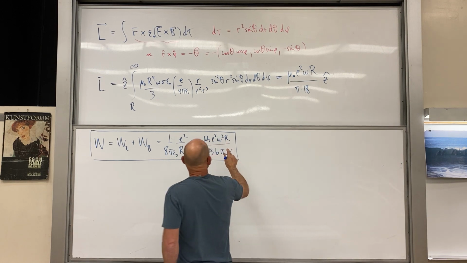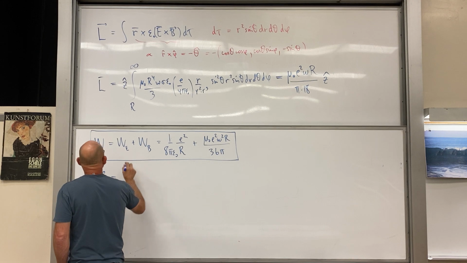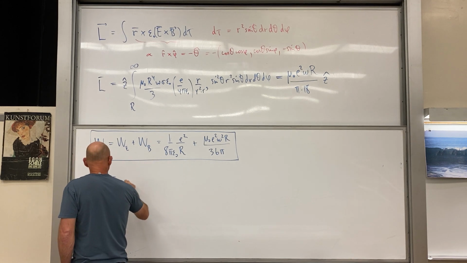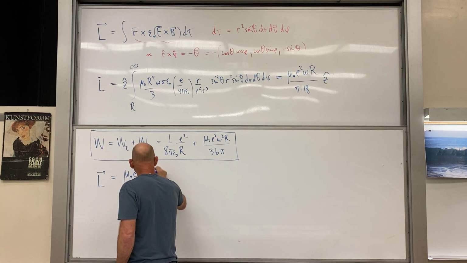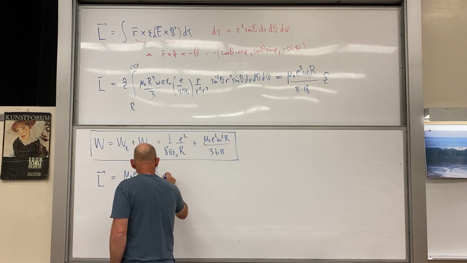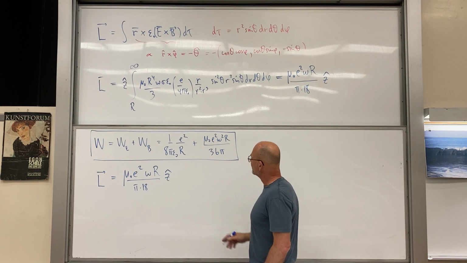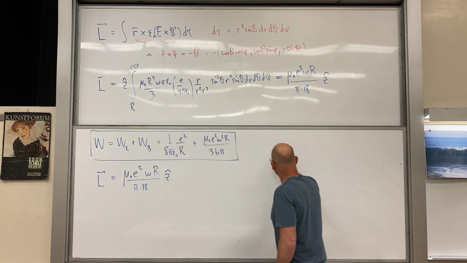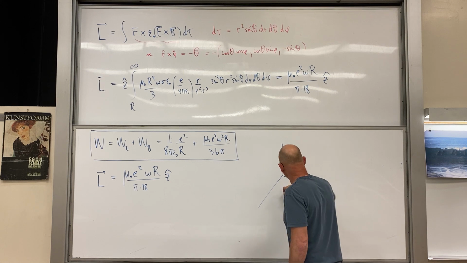Okay, so there's the energy. Let's go ahead and put the angular momentum here in the field once again. Mu naught e squared omega R over pi times 18, z hat. There's a scalar, there's a vector, and maybe even we'll have our picture here once again.